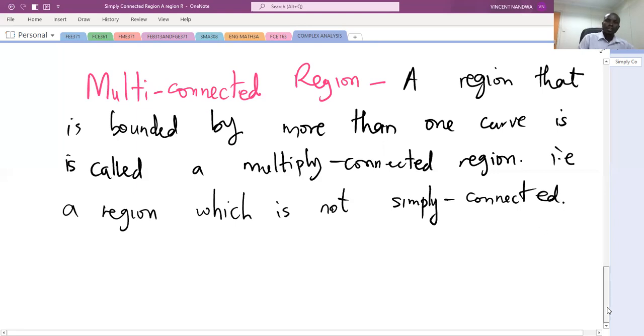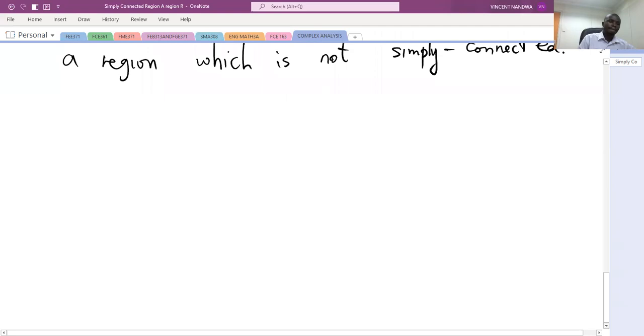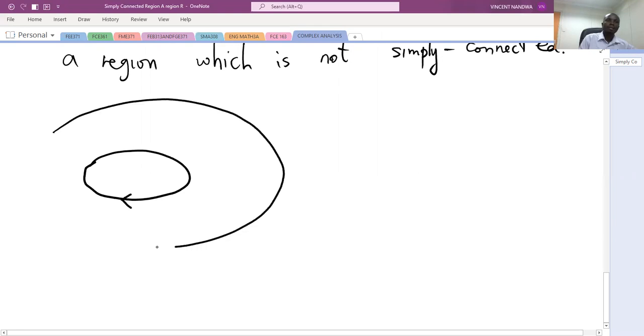So let's draw some examples. For example, if we have this curve and we have another curve here. So let's call this curve C1. This other curve, call it C2.